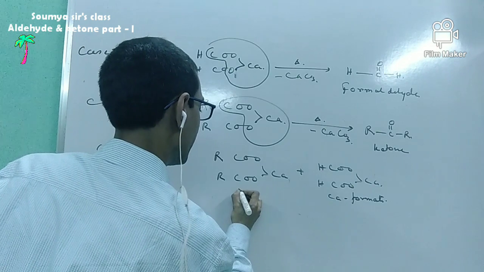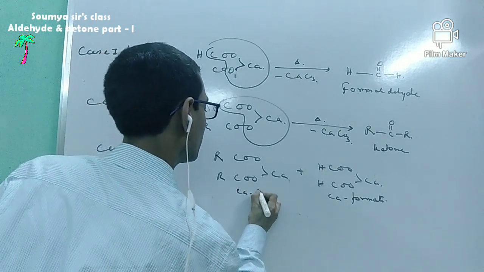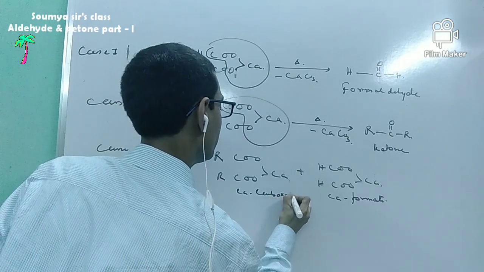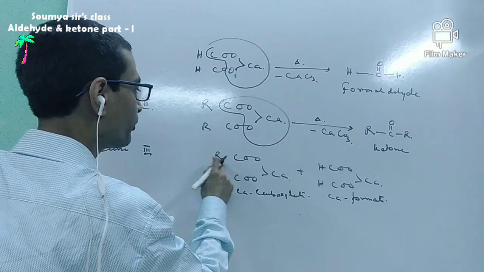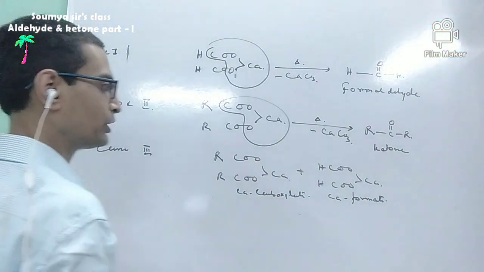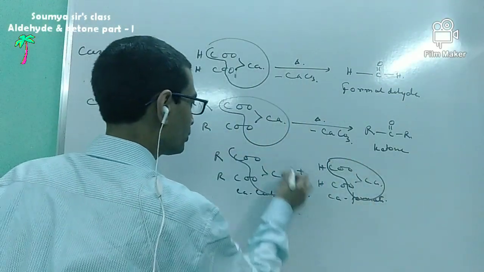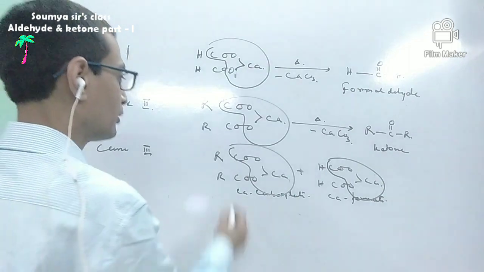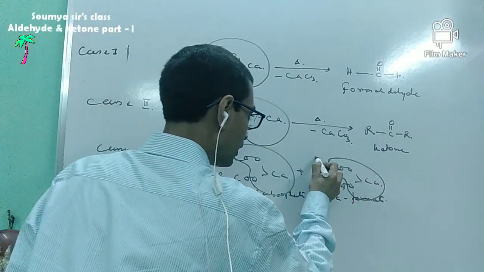We can put here CH3 or C2H5 or anything, or a benzene ring, in that case it will be calcium benzoate. Then calcium carbonate liberates, and now the R group and the CO group will combine with the hydrogen atoms to form two molecules of RCHO.